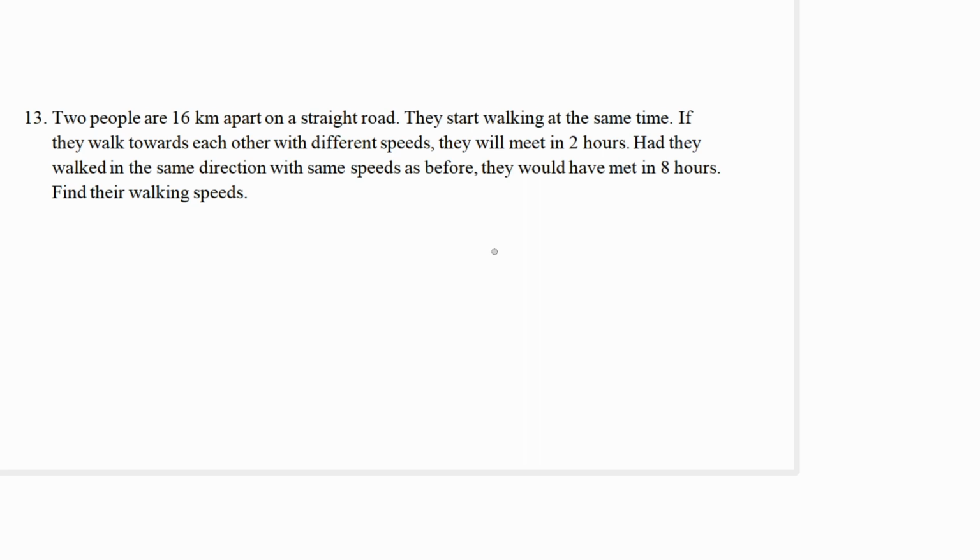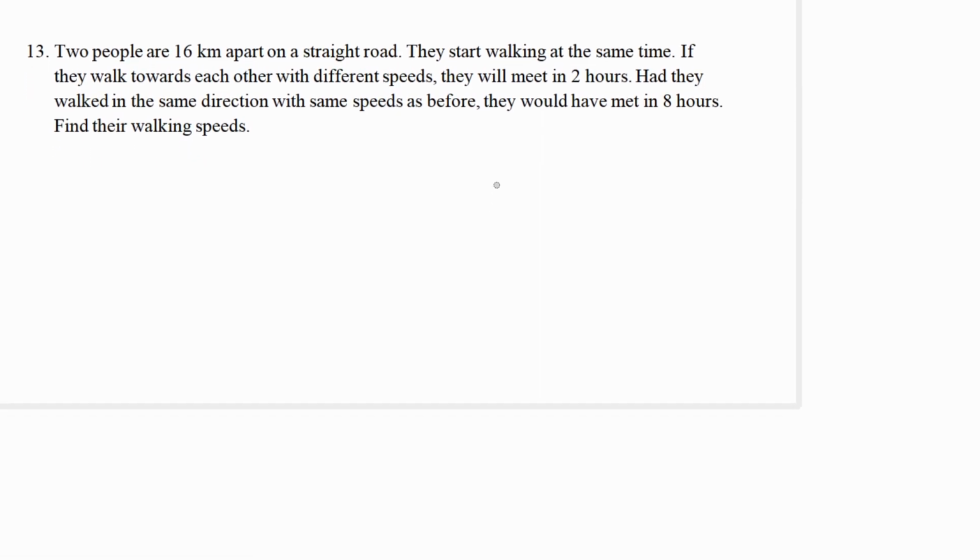Two people are 16 kilometers apart on a road. So let's say that one person is at A and the other person is at B and the distance between them is 16. They start walking at the same time. If they walk towards each other, they meet in 2 hours.